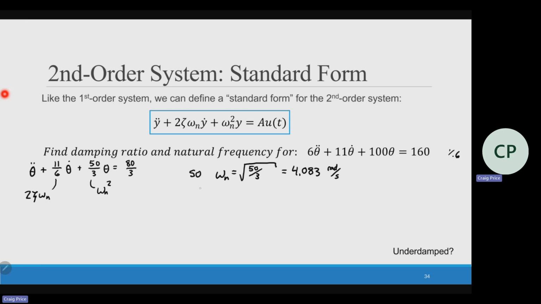So 2 zeta times the natural frequency, which is what we just found, 4.083, is equal to 11/6. So then we can solve for zeta.